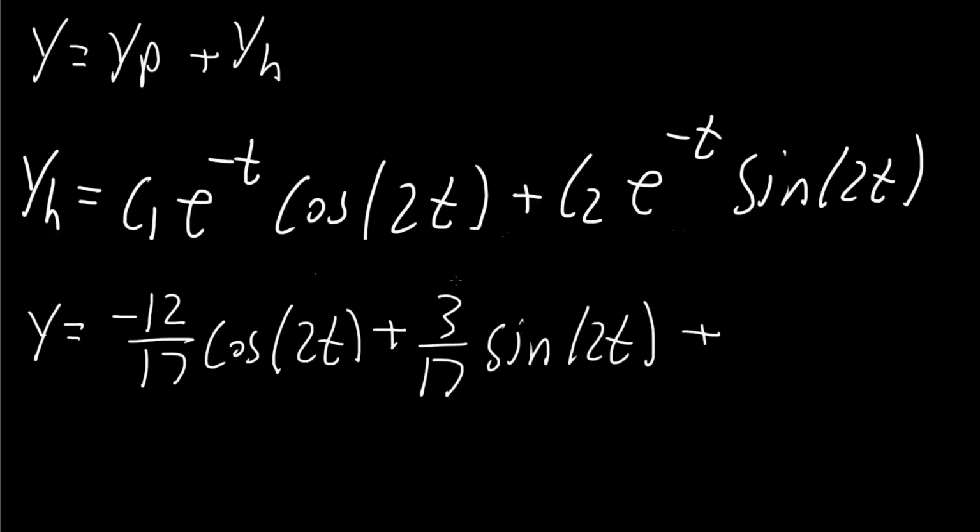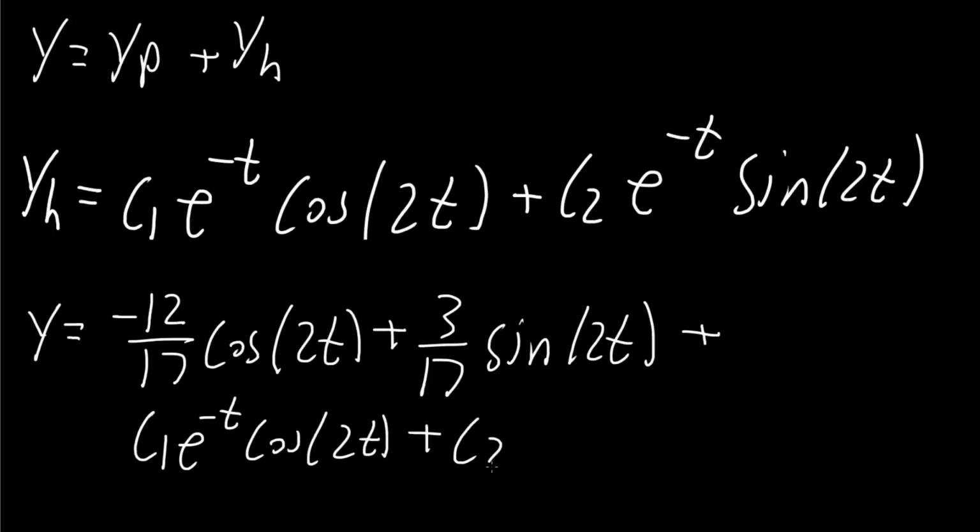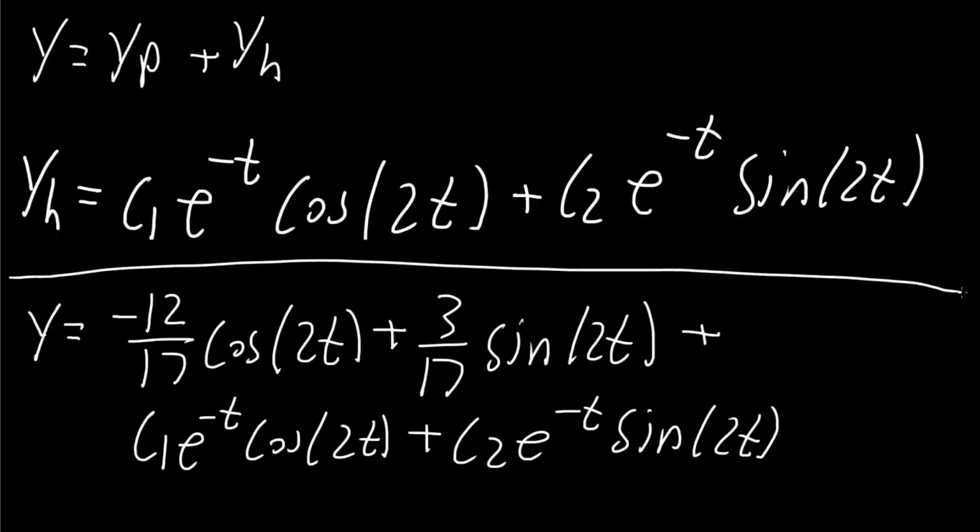So we can say plus c1 e raised to negative t cosine 2t plus c2 e raised to negative t sine 2t. We simply box in our answer, and this is all that we need to do.